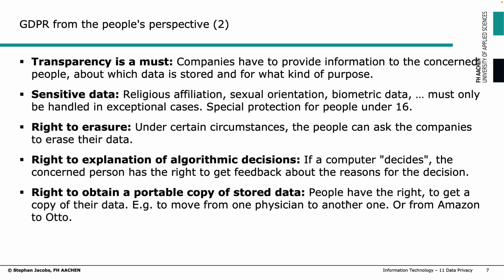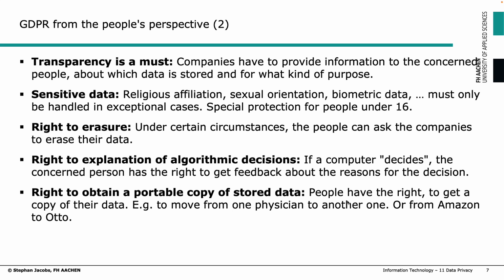You have the right to obtain a portable copy of stored data. The idea is to avoid big monopolies like Amazon or Facebook, which store lots and lots of data. You have, for example, the right to ask Facebook, please give me a portable copy, maybe on a USB stick, in PDF format. And there have been people who did so.